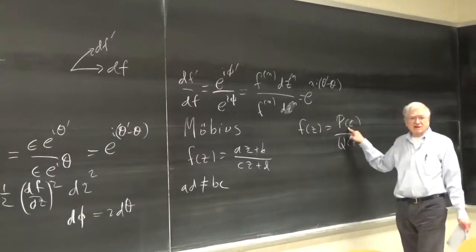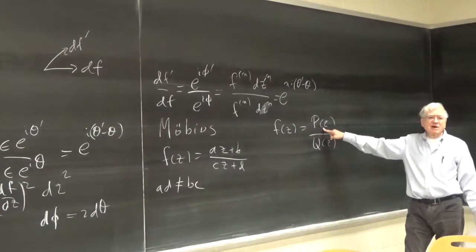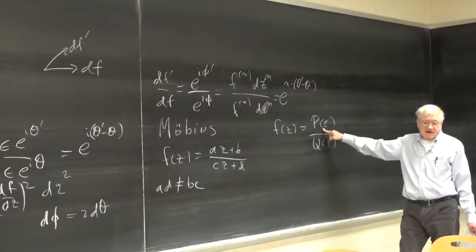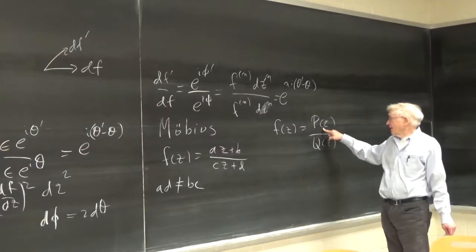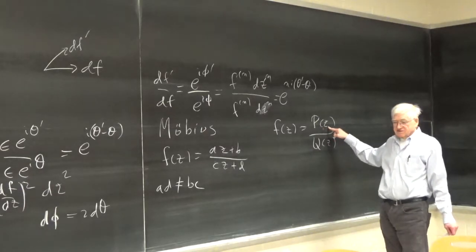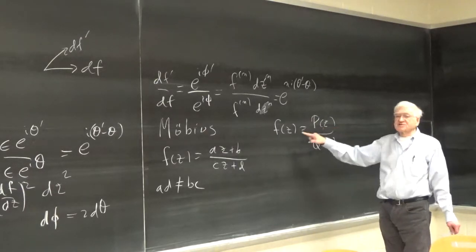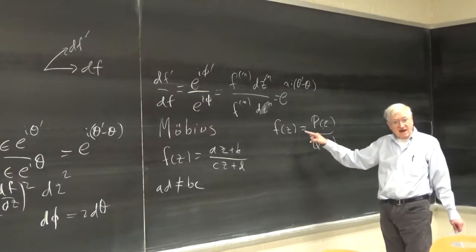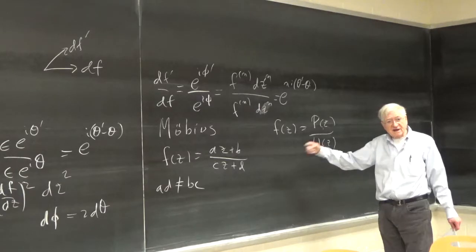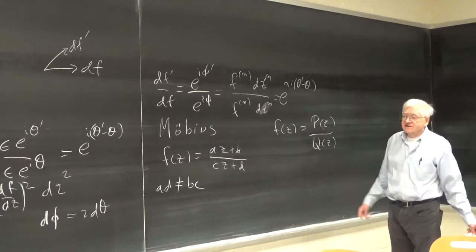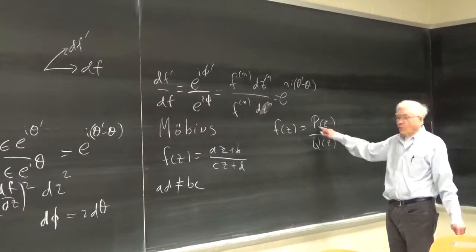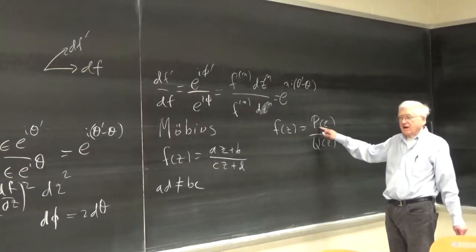If the numerator has multiple zeros, and indeed if you have an entire function, you'll have multiple zeros. But then the thing isn't invertible, because there are many z's that give f equal to 0. So if you want it to be invertible, you can only have 1 zero in the numerator.